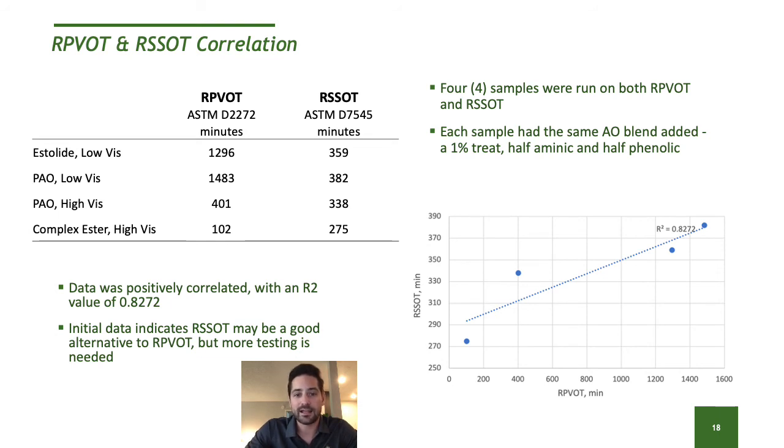Similarly, the highest value here was the low-vis PAO on our RPVOT, and that was also the highest value on our RSSOT method. So it does seem that there's a general correlation here, though there's going to have to be more data generated to really verify the robustness of this correlation and whether or not we can truly swap out long-term our RSSOT for our RPVOT.